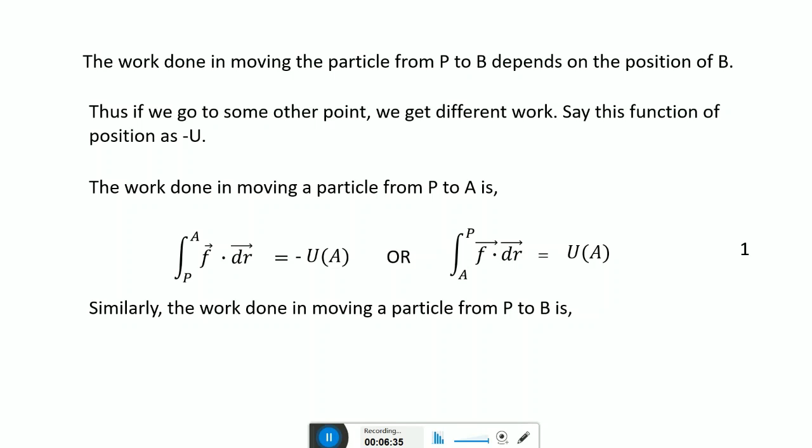Similarly, the work done in moving a particle from P to B is integration of vector F dot dr from P to B is equal to minus U of B. This is equation number 2.